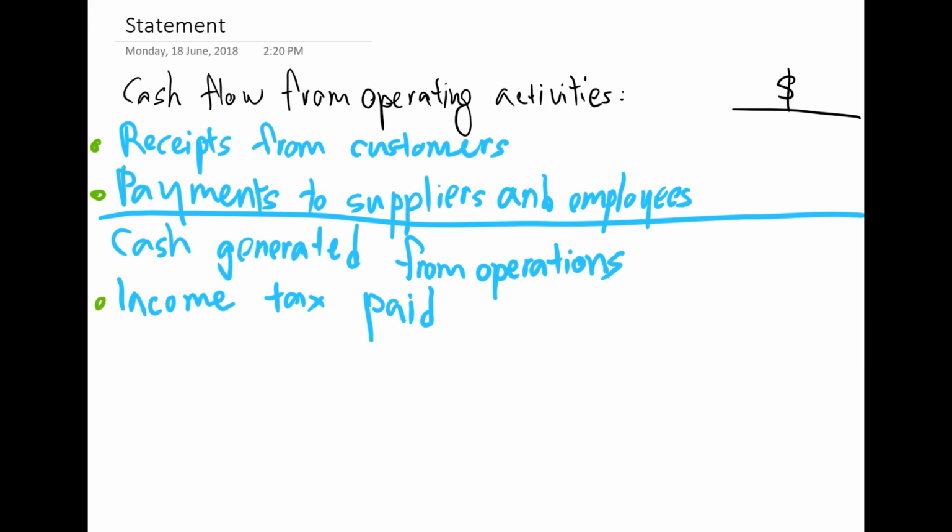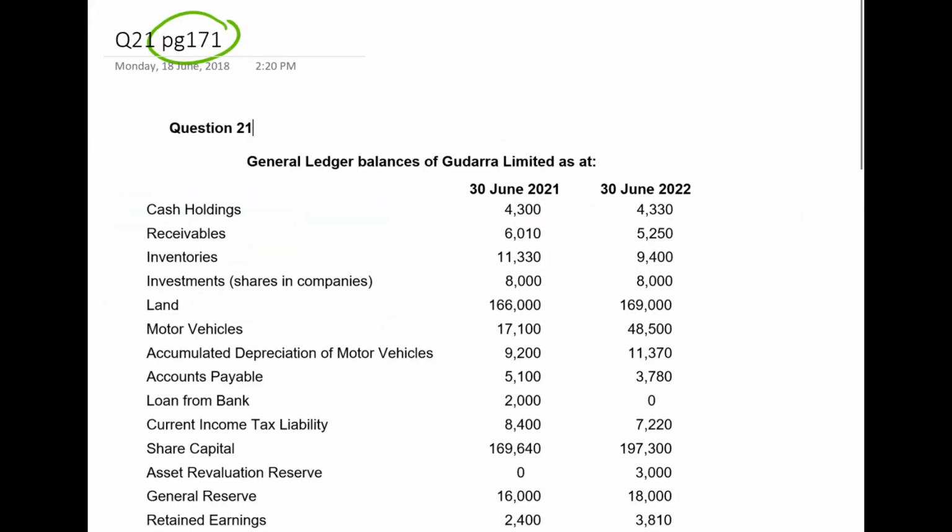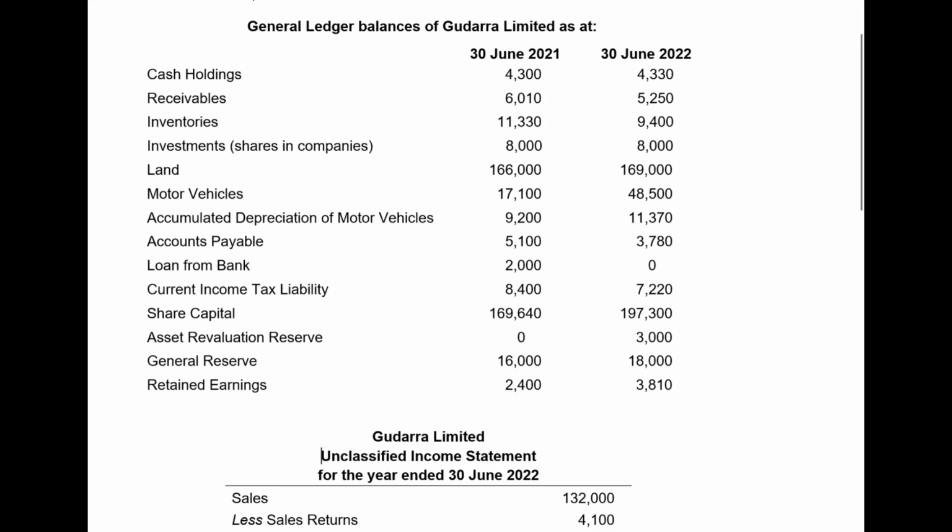We shall start with the first one, which is receipts from customers. When it comes to receipts from customers, you need to ask yourself whether there's any accounts receivable in this question. In this question there is accounts receivable, opening balance 6010, closing balance 5250.